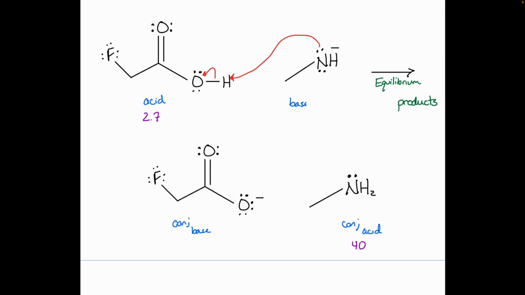All right, my stronger acid is going to win. And in this case, does it strongly or weakly favor the products? Strongly. This very strongly favors the products. All right, huge difference in pKa there.